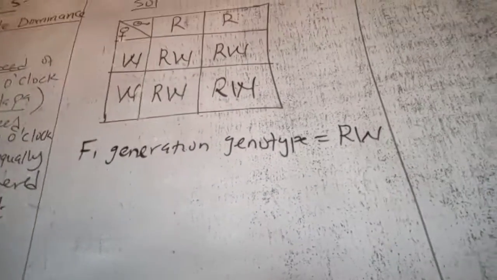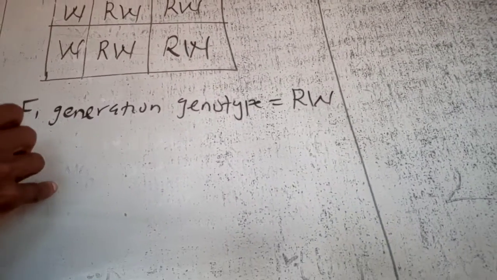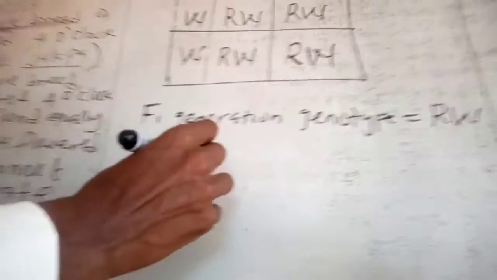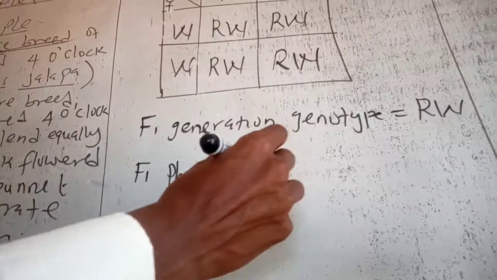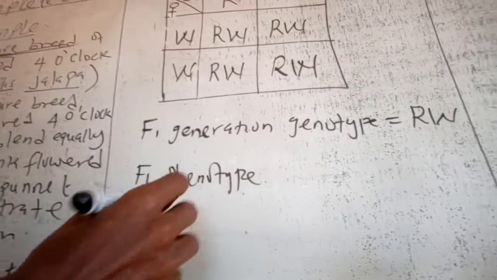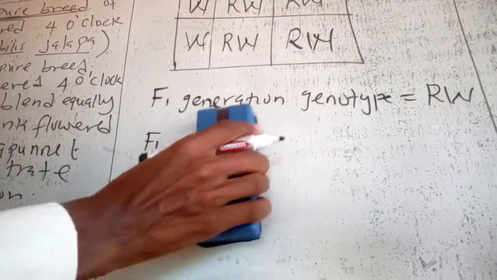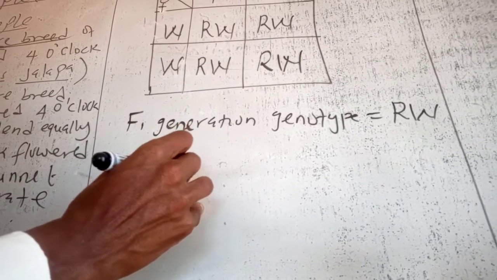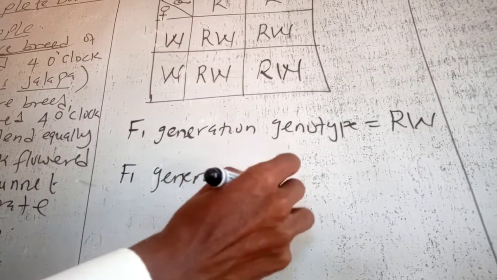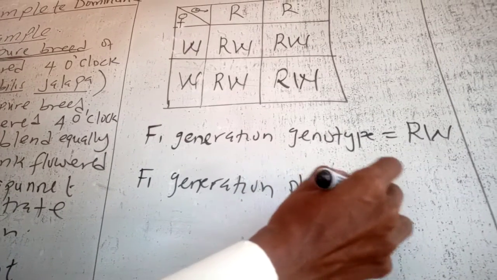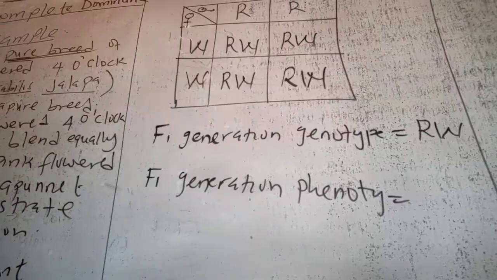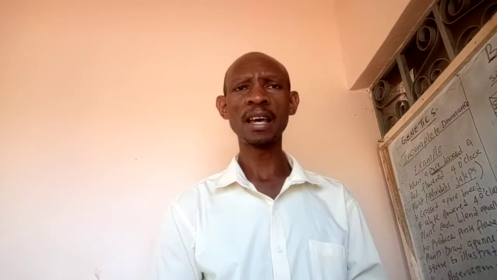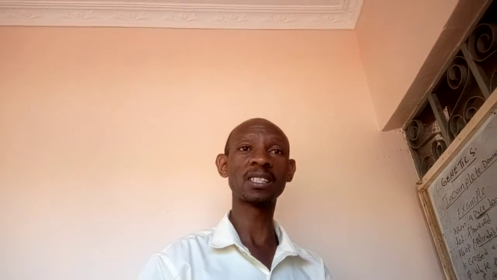What about the F1 generation phenotype? I said the other day that the genotype is the genetic makeup, and we normally use the letters as per the question.